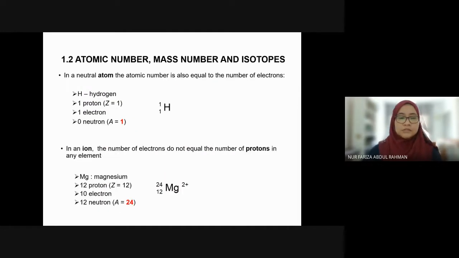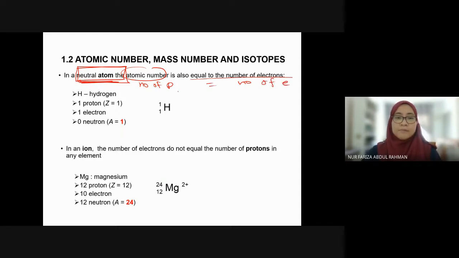Moving on, this is an example. For a neutral atom, the atomic number is also equal to the number of electron. Take for example hydrogen. Please take note on this. If it is a neutral atom, then the number of proton, the atomic number, is equal to the number of electron.